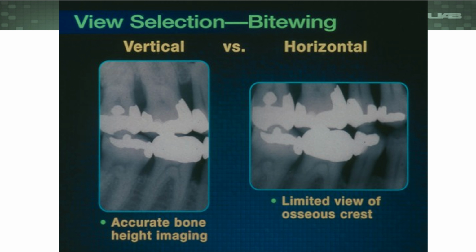This is a very old slide. It's even fuzzy on my camera, but I like the way that it has the same view for both a vertical and a horizontal bitewing, and how you can see that the vertical bitewing allows us to capture the bone levels and patterns both in the maxilla and the mandible with one radiograph.